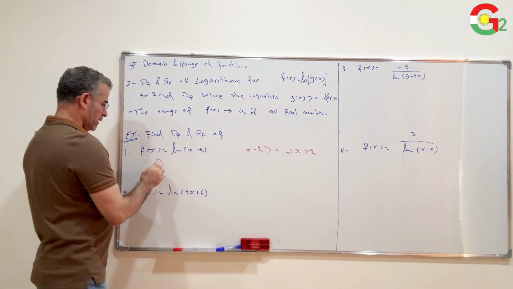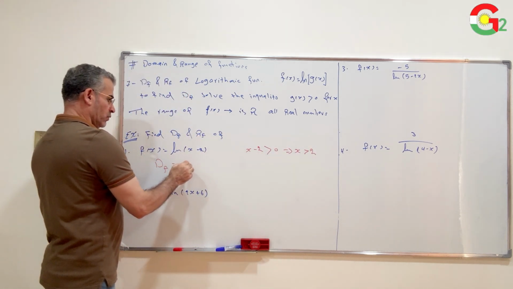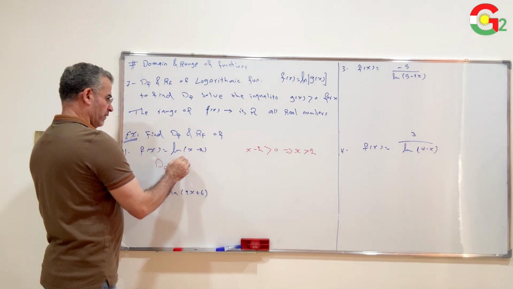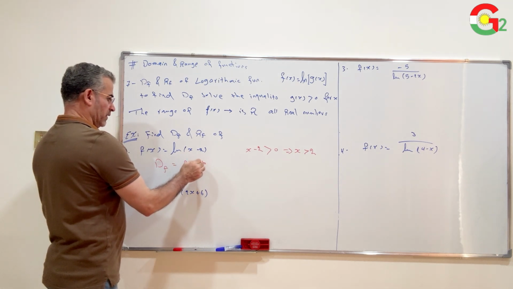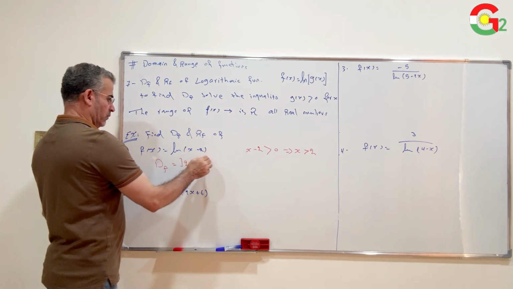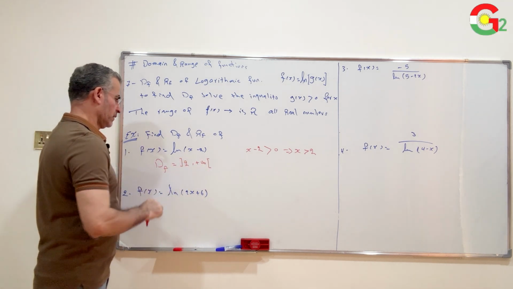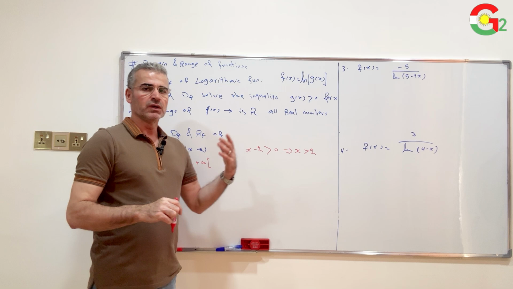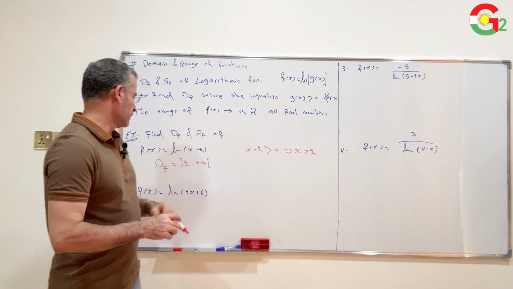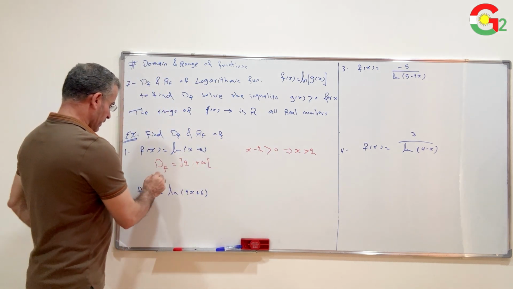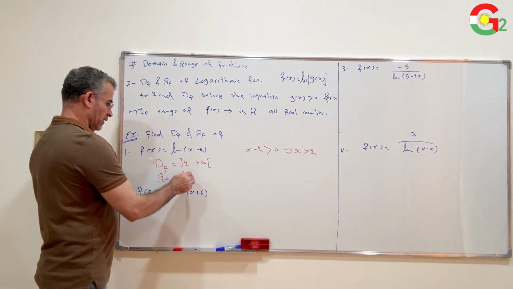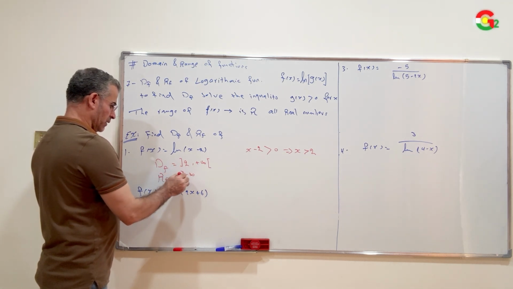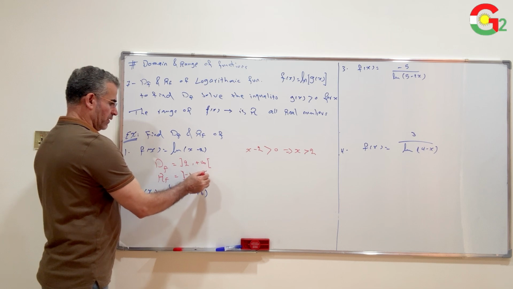Then the domain will be 2 to positive infinity. Open bracket from both sides, since 2 is not in the domain. For the range, it is from negative infinity to positive infinity, open bracket.